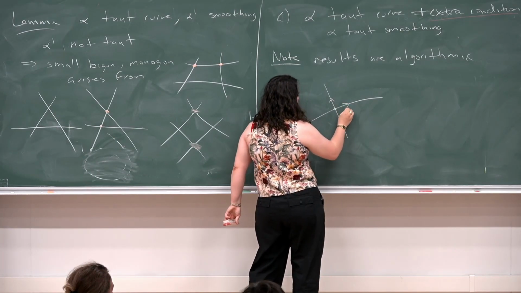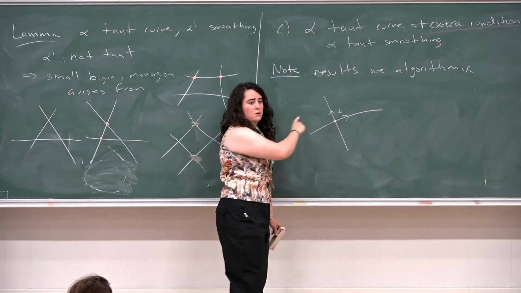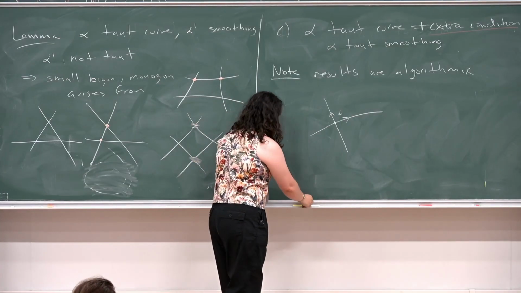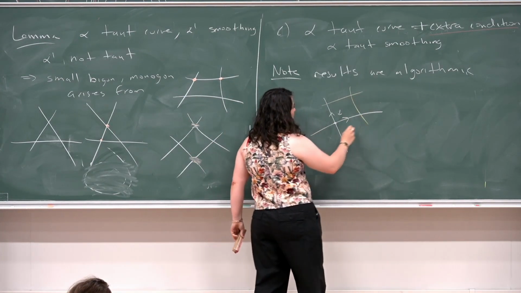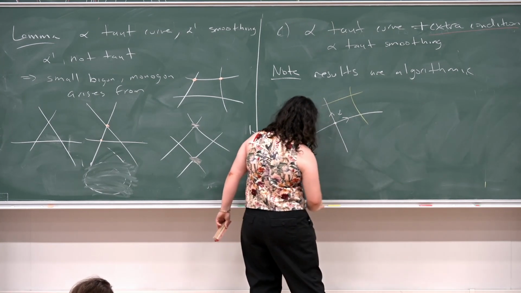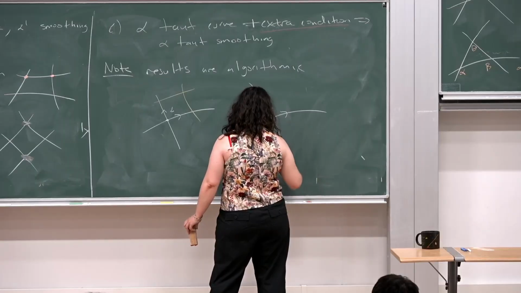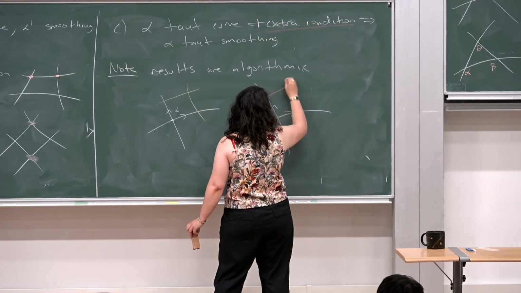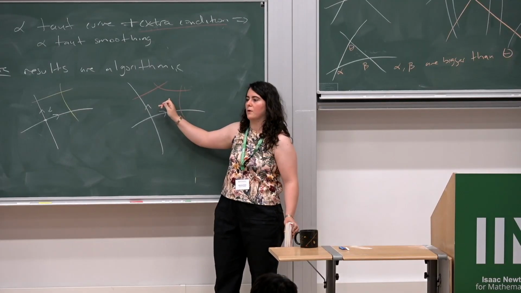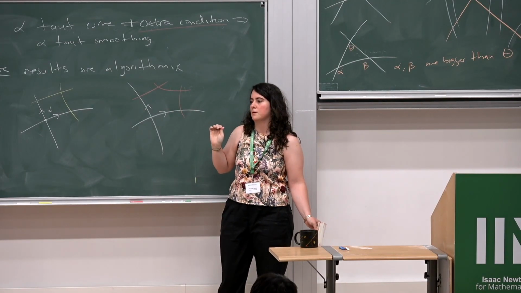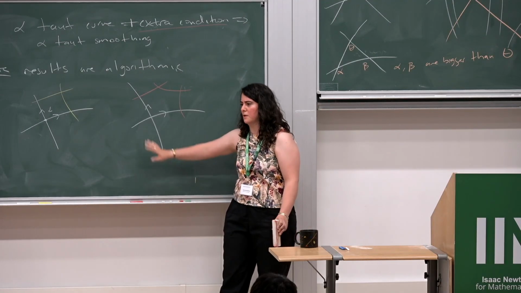So if I'm looking at this corner, for instance, I want this to not be consistently oriented. I need an unoriented corner that is not the corner of a quadrilateral or a pentagon. On one side. On the other side, anything can happen. But on this side, I want to not see a quadrilateral or a pentagon. And there's another condition that we have, but it's more artificial. This is the main one.